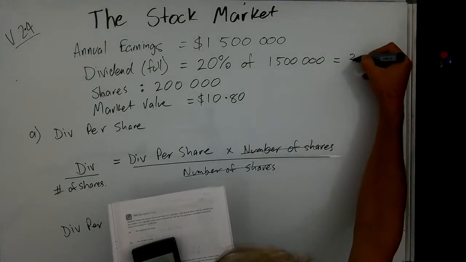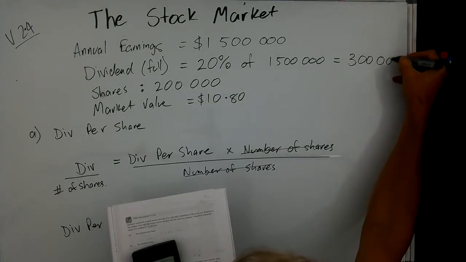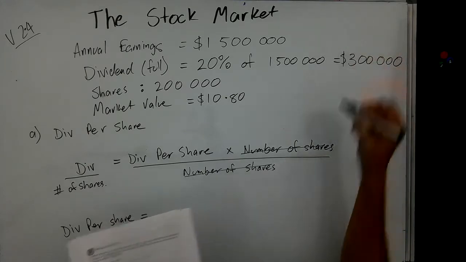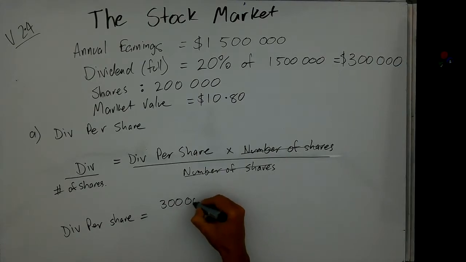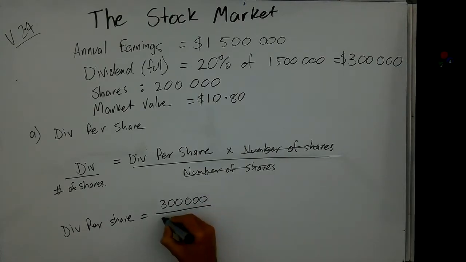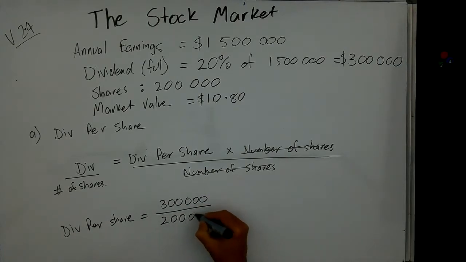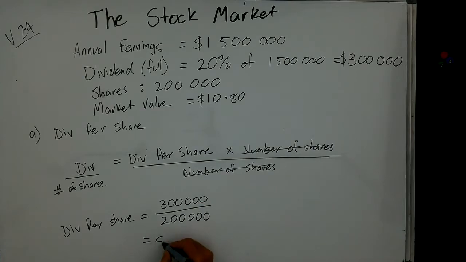And that's 300,000. So that's what we plug in here, 300,000 divided by 200,000. There's a lot of cancelling going on there, but this essentially comes down to $1.50 per share.